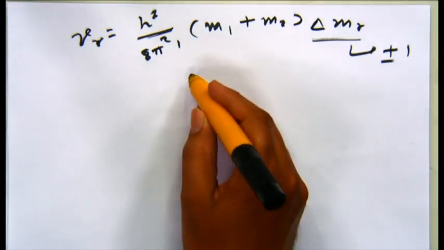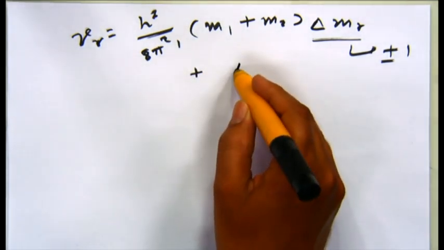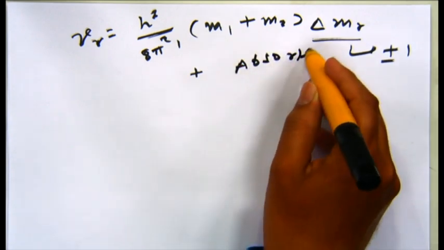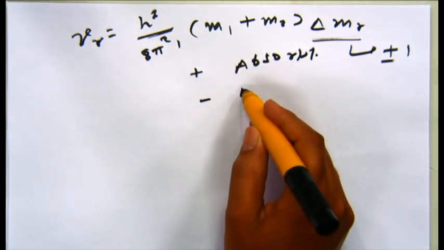Here the positive sign indicates absorption, and the negative sign indicates emission.